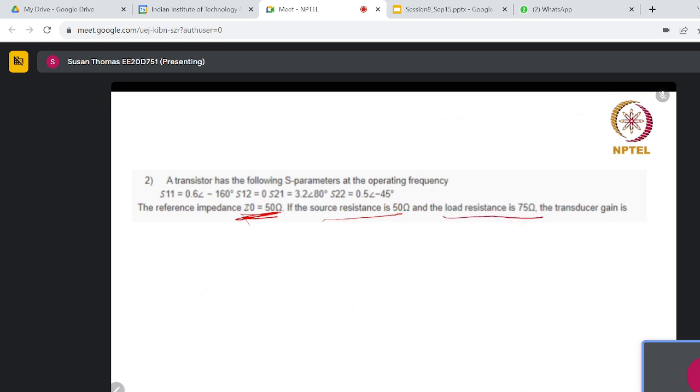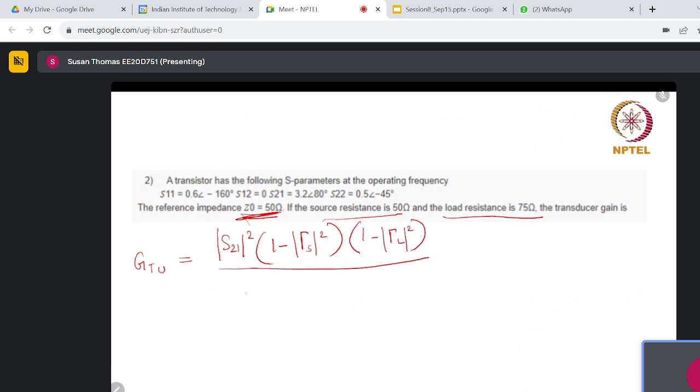What is the transducer gain? In the beginning of the lecture, I told about the transducer gain equation in terms of S parameters and also gamma S and gamma L.